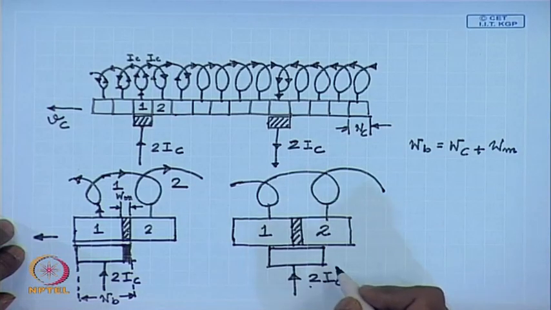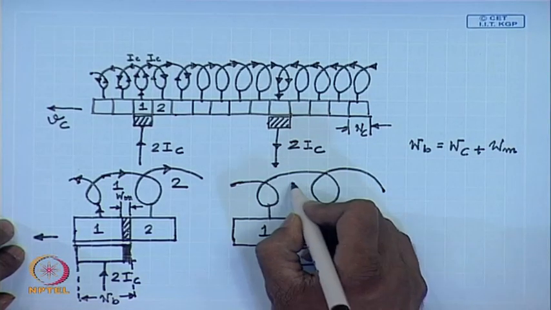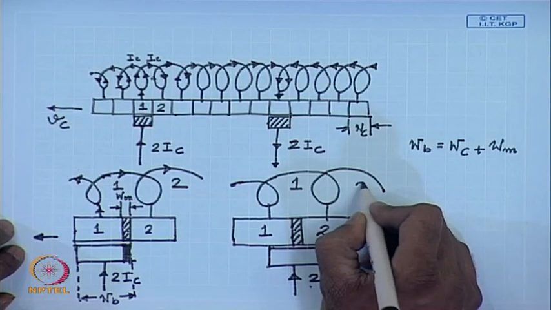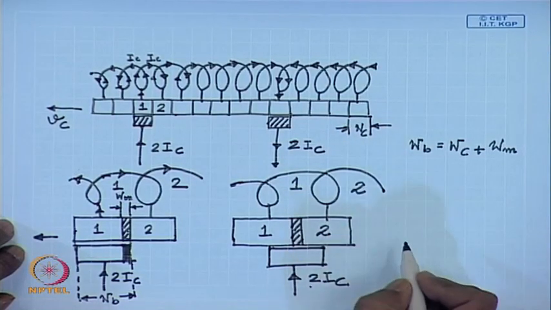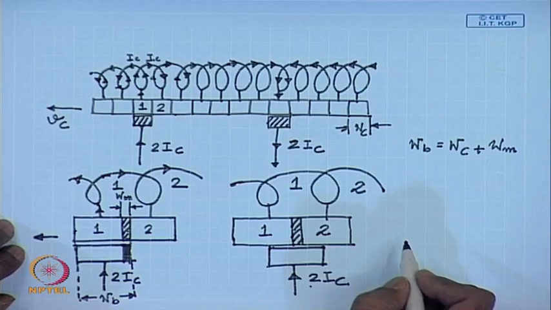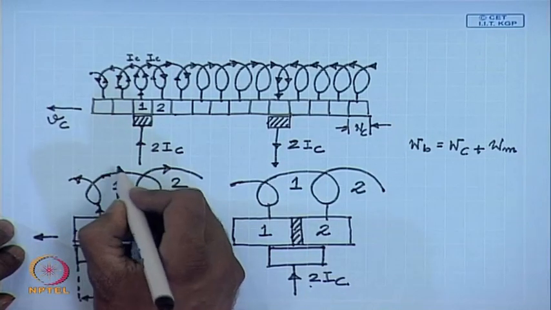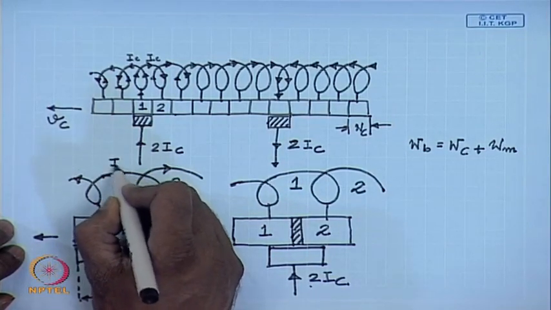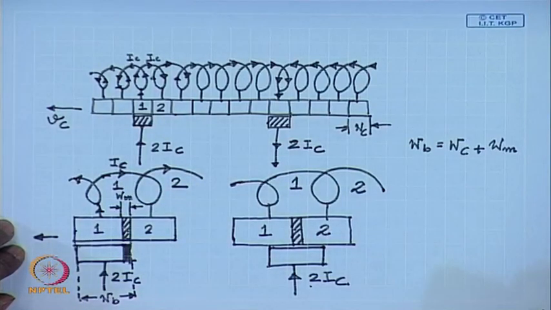the brush. This coil, coil 1, is now shorted by the brush. In the beginning the coil current 1 was IC in this direction.